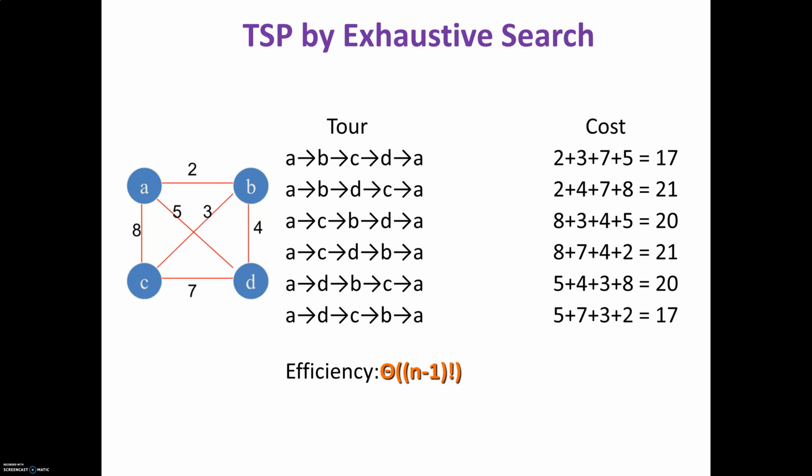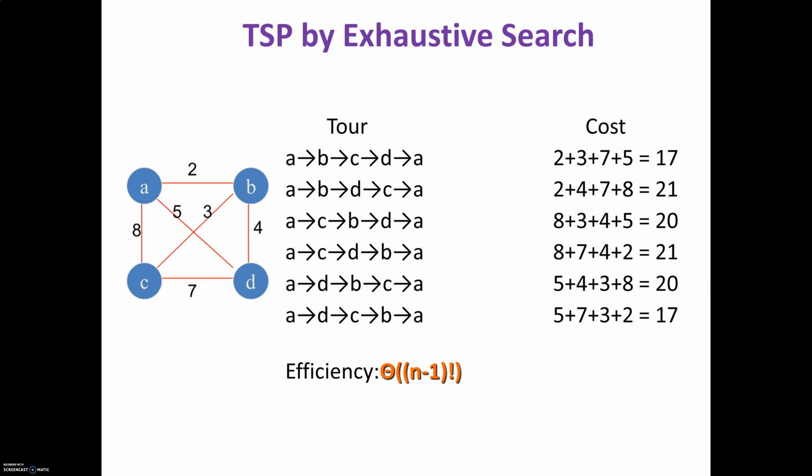So this is an example for exhaustive search, because as n value increases, the complexity grows factorially. Now it is 4 cities. The complexity is theta of (n minus 1) factorial.